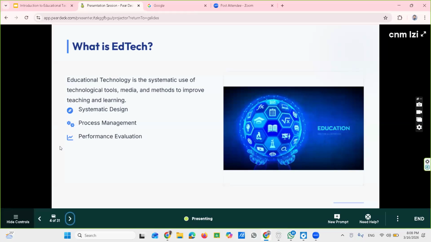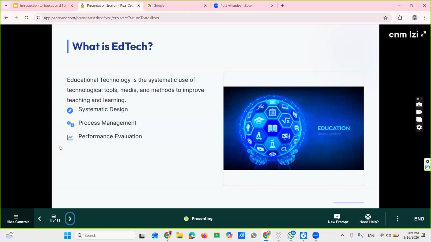Throughout this course, we are learning what technology tools are available to support educational technology, or your teaching and learning process. Then what media are available to support developing your teaching and learning. That type of thing we are discussing throughout the course. First, try to understand what educational technology is: the use of technology in education, or teaching and learning.